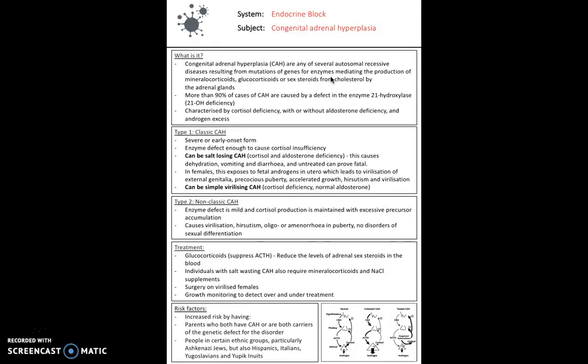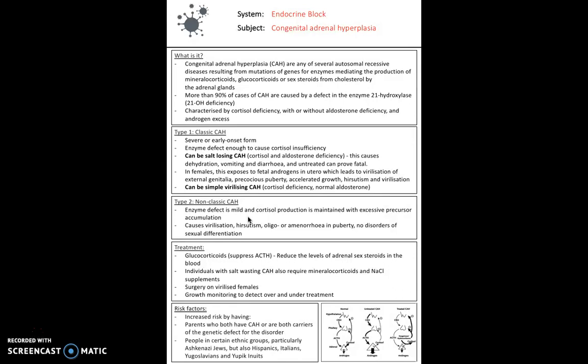So we can have classic congenital adrenal hyperplasia and non-classic. Classic is where we have a severe or early onset form, and this can be either salt-losing or simple virilizing congenital adrenal hyperplasia. And these patients will have a complete insufficiency of cortisol, they will not have enough of it. On the other hand, we can have non-classic congenital adrenal hyperplasia, and this is a much milder form, and we still get some cortisol production.